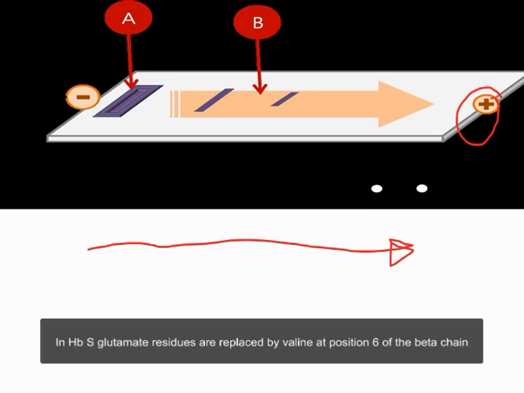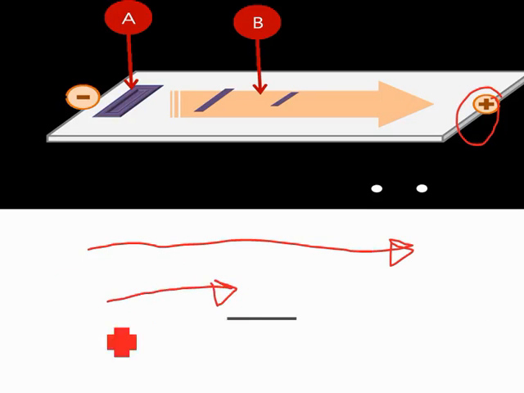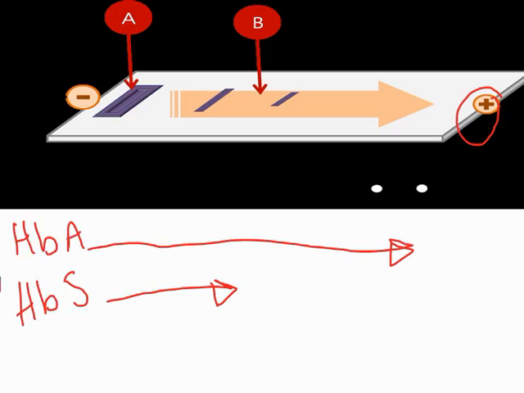The valine is non-polar. It's less negatively charged. Because of that, sickled hemoglobin, hemoglobin S, is going to move less towards the anode than hemoglobin A, the regular hemoglobin, because it has less of a negative charge. So this is one of the nice ways that we can make or confirm a diagnosis of sickle cell anemia.